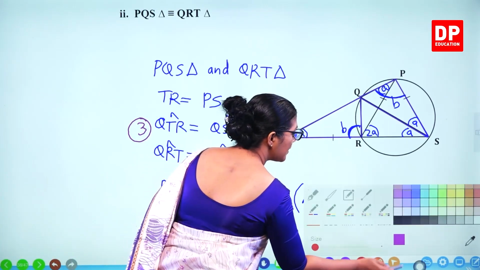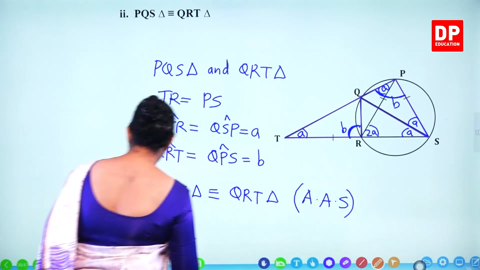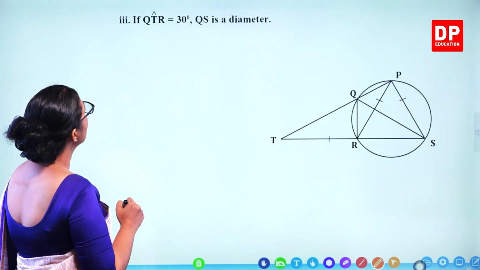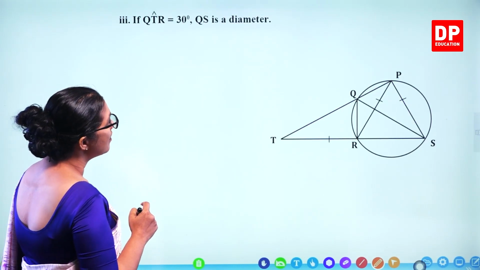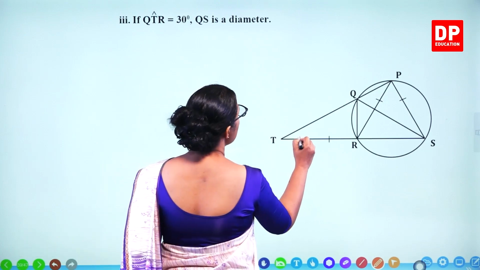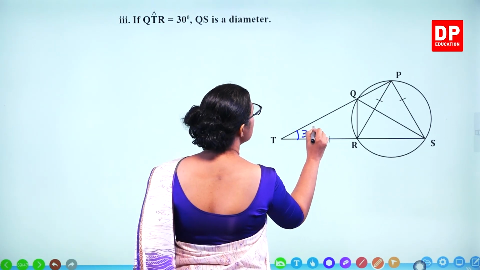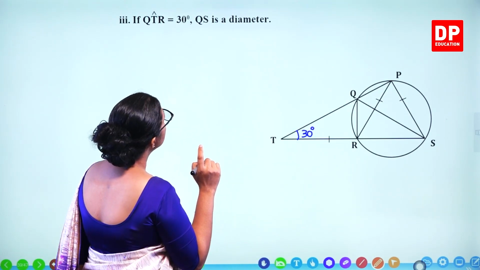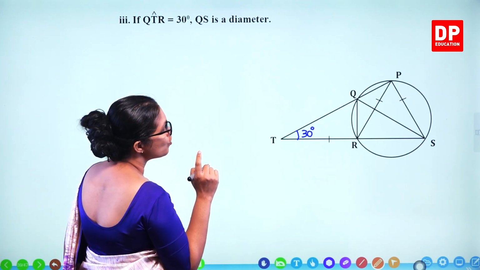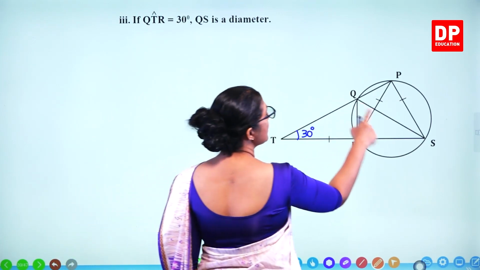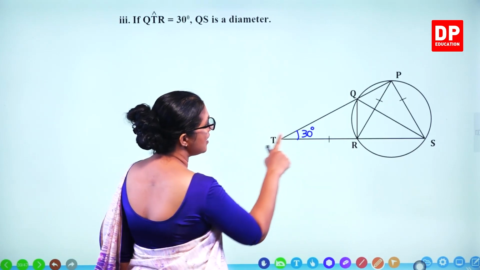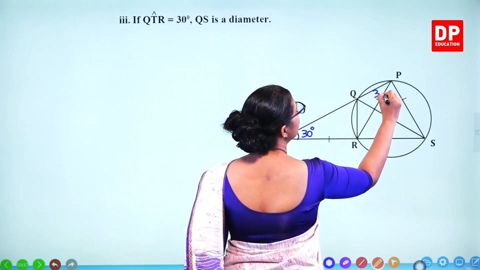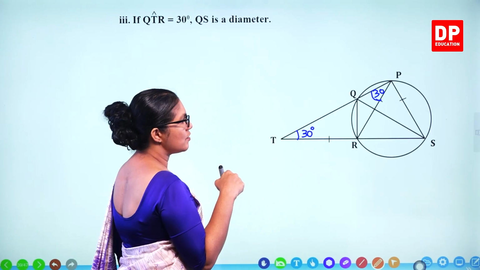Now let's take the last part of it. If this angle QTR is 30 degrees, show that QS is a diameter. So we can mark it. If this is 30, this is 30. Isosceles triangle.